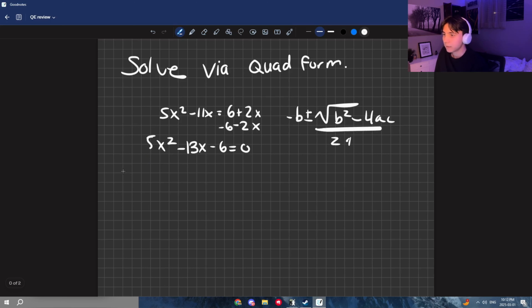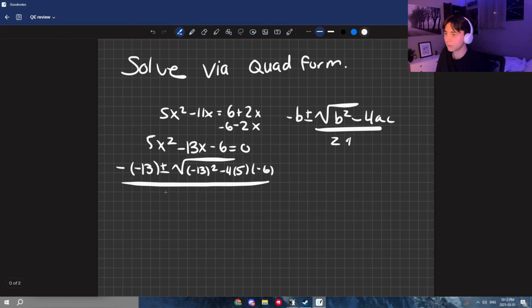So our negative b here is going to be negative negative 13, plus or minus the square root of negative 13 squared minus 4 times 5 times negative 6, all over 2 times 5.